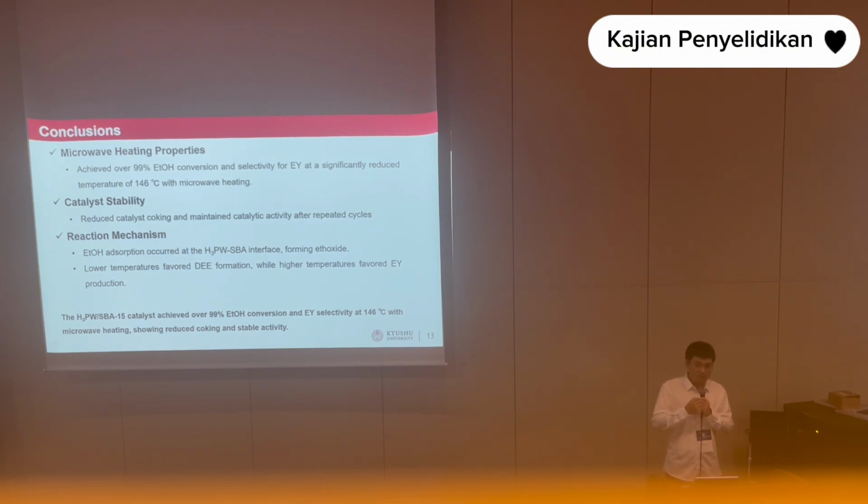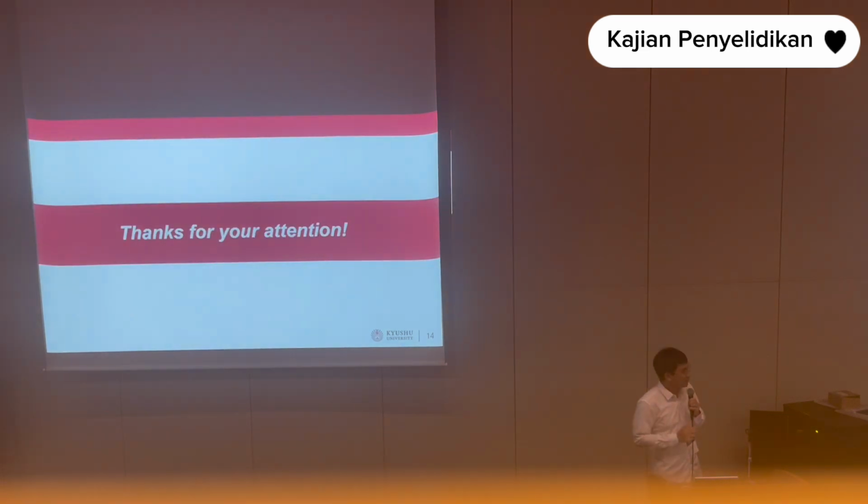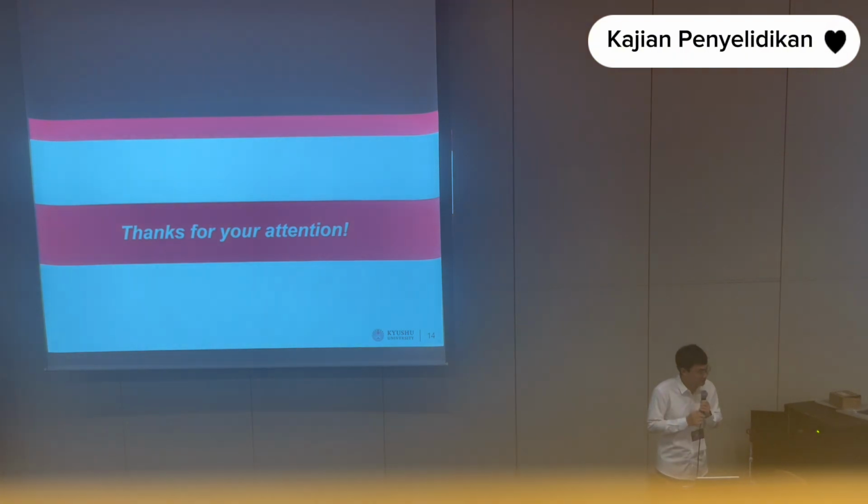After doping, at low temperature, we can make the HPW more stable. And by the mechanism, we found the interface is more beneficial for the reaction. That's all the work. Thanks for your attention.